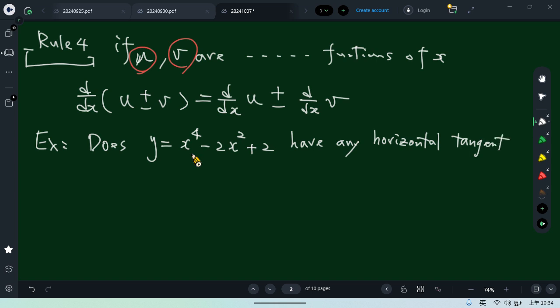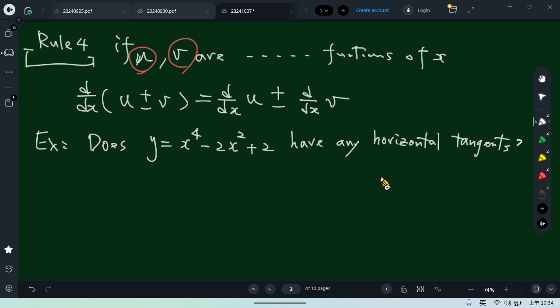Actually, this problem is not that hard, but I illustrate it here because you need to understand the question first, and then you can know how to solve it.